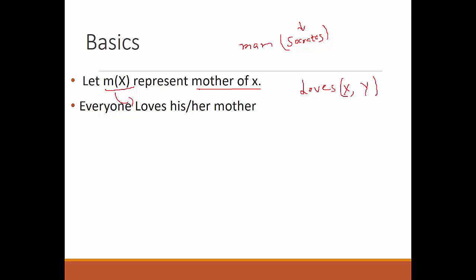So we know for everyone we will have a universal quantifier, which is X. So X loves his mother, and we know that we are going to represent mother with this kind of representation. So it will be like this: X loves his mother. So this is another way to represent it. Instead of a literal, we are going to have a predicate, and inside that predicate we are going to have the subject.